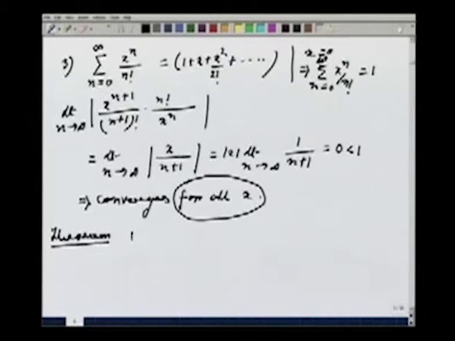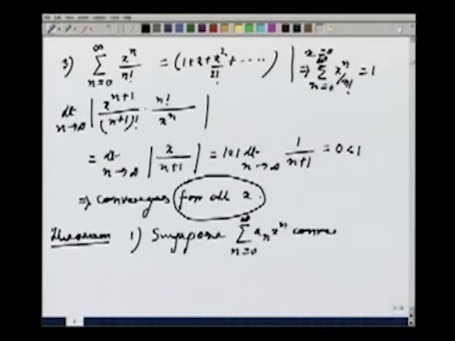So the result is this. Suppose summation n from 0 to infinity a n x to the power n converges for x naught, a particular point.